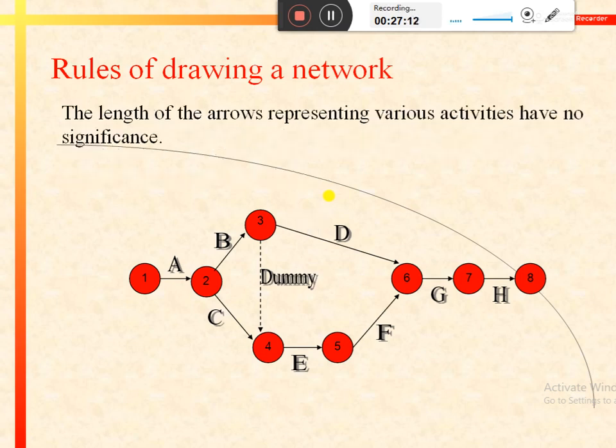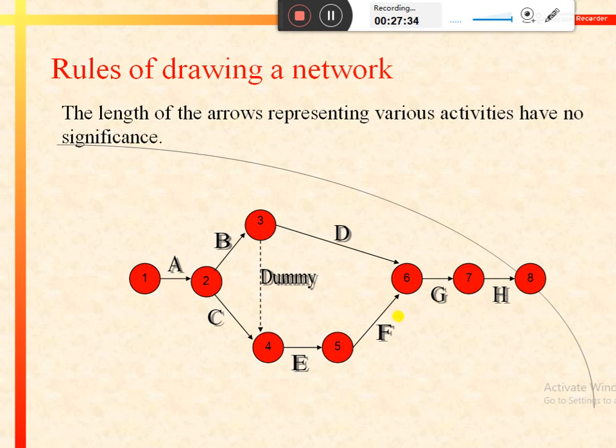Next rule is that the length of the arrows representing various activities have no significance. Like you can see here, activity D is represented by a longer arrow in comparison to activity F, which is represented by a shorter or a small arrow.